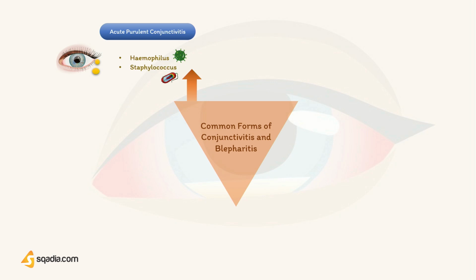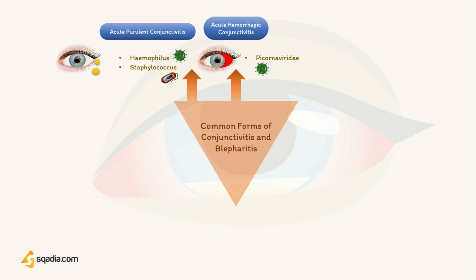Next, we have the acute hemorrhagic conjunctivitis. Now, it involves subconjunctival hemorrhages, which are quite evident, and the causative agents over here are usually viral, specifically the Picornaviridae. Moving on, we have the acute ulcerative blepharitis. Now, it is an infection particularly involving the eyelids.